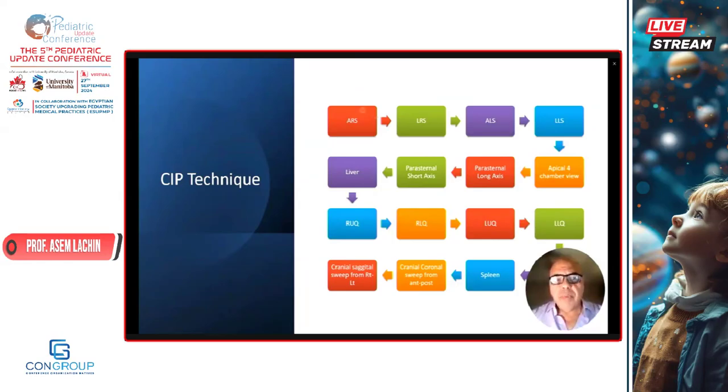The first parts are lung-related sweeps, including the right and left lung: anterior right sweep, lateral right sweep, anterior left sweep, and finally the lateral left sweep.